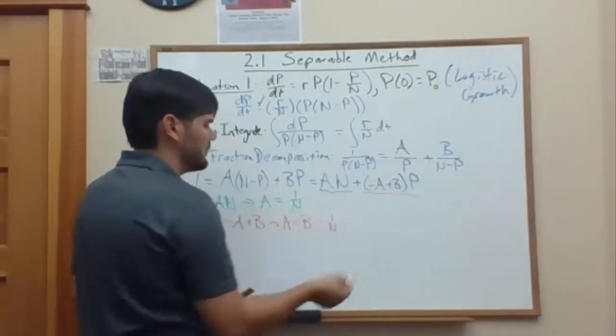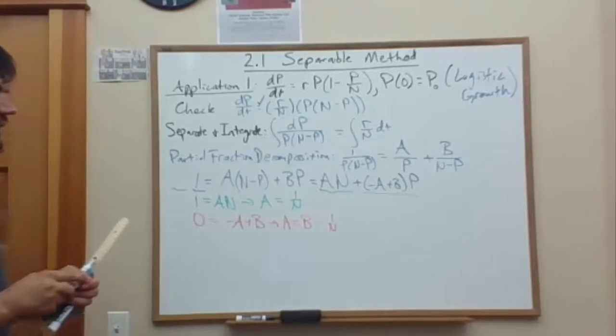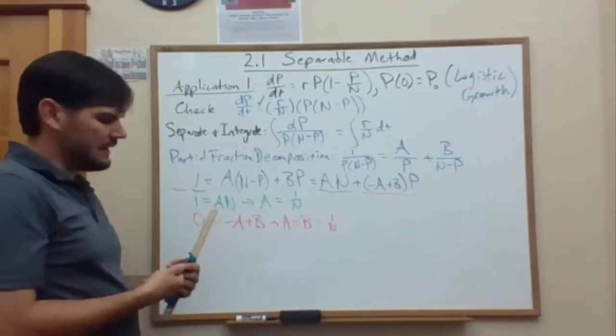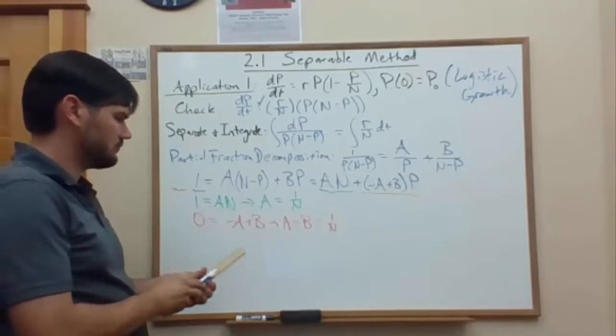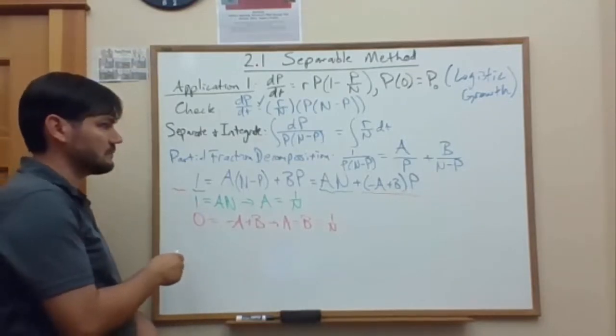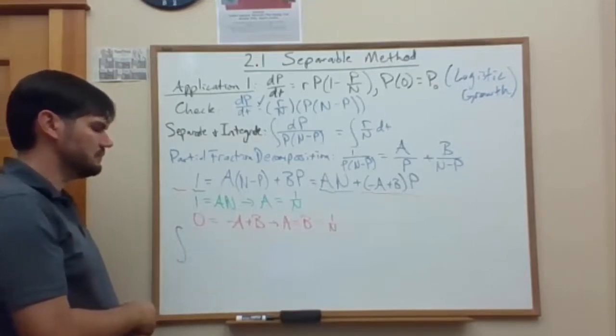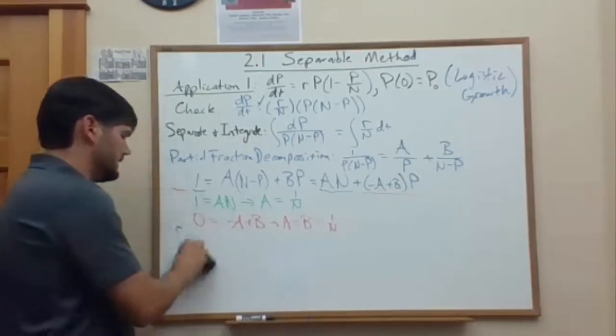It's 1 over N. So B also equals 1 over N. So, plugging that back into my equation, I have the integral, let's clean it up a little bit.